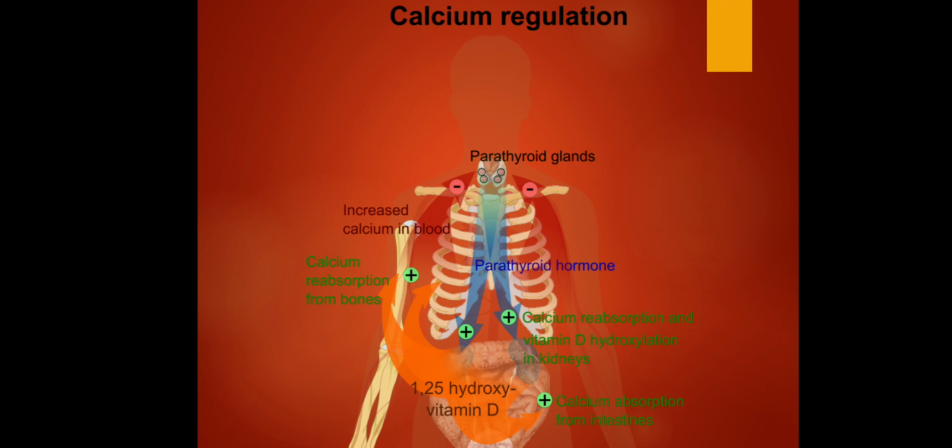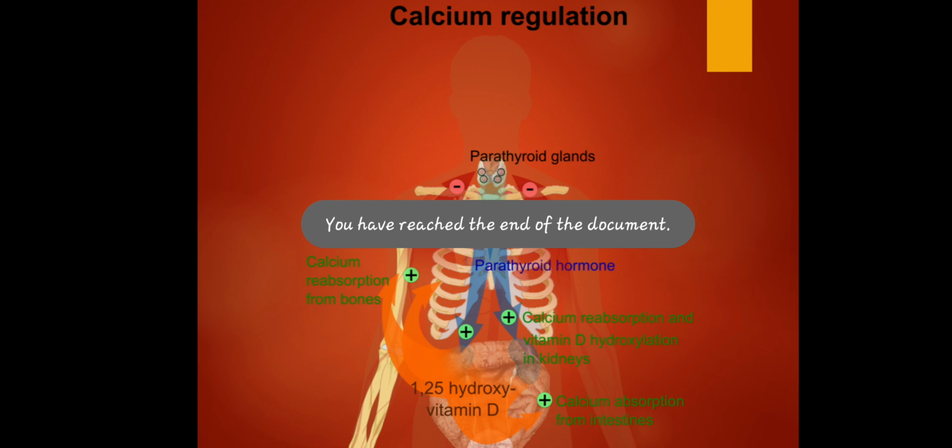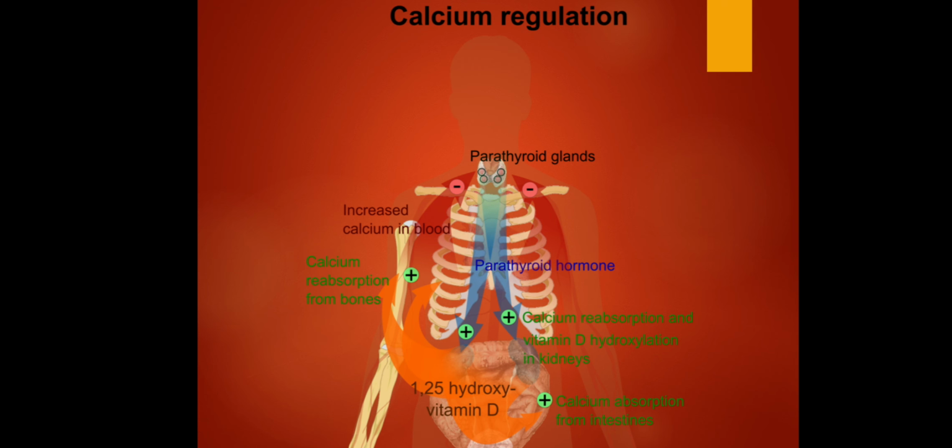So this is a representation or illustration of how calcium is regulated inside your body. Okay? So that would be the end of our discussion for the first part of the skeletal system. So let's continue with the second part.